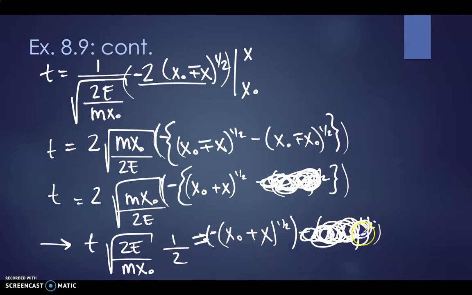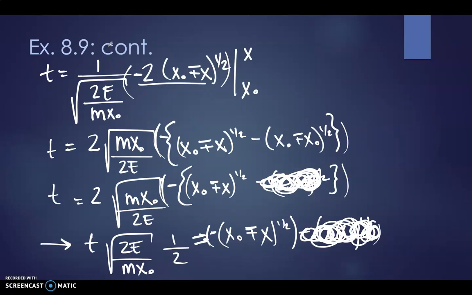Okay, so now we have t times all of that constant stuff out front is equal to negative x naught minus x. Okay, so we're going to take that and continue on the next slide.